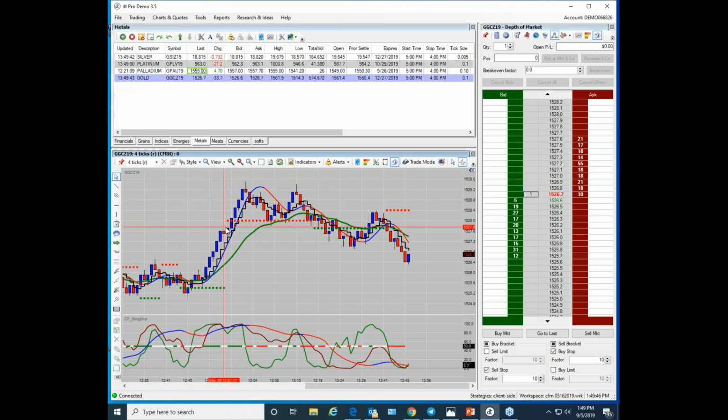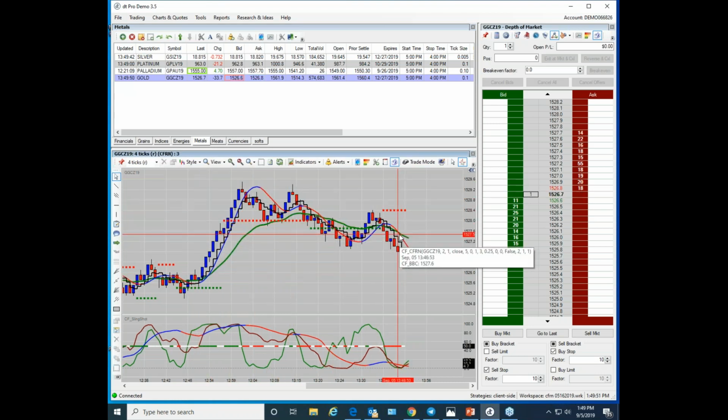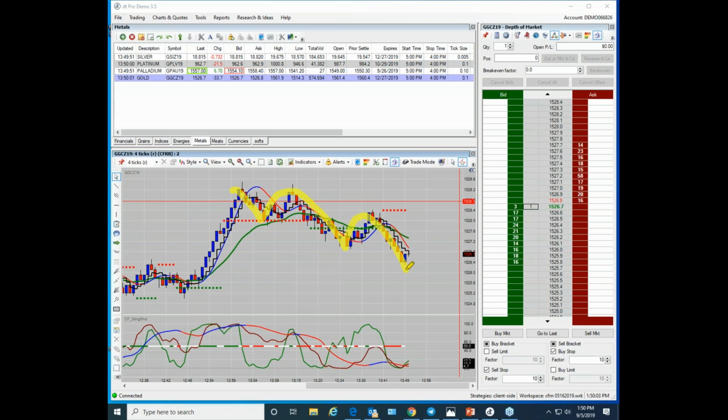Notice how I zoomed out in the gold. We have a bearish cross here. MA1 is red and a cross in the BBC. Okay. We have a lower low here. Okay. As I outlined earlier, you want to see this. Right? That's what we're seeing. So gold is an opportunity to get short.